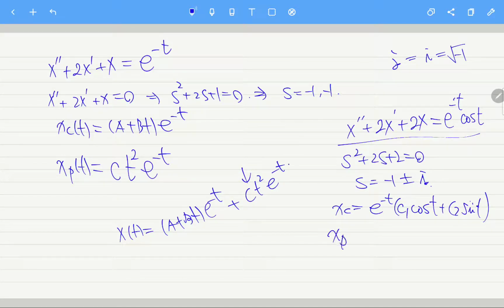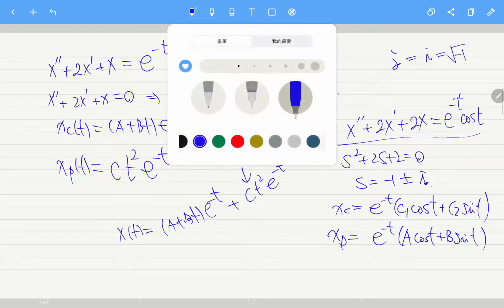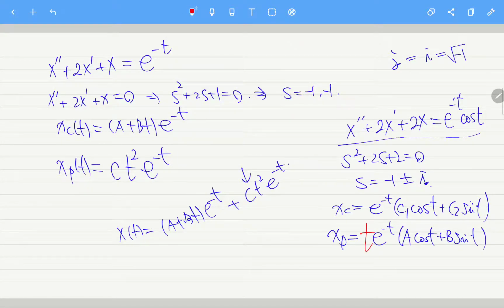In that case, we need to assume xp to be t times exponential to minus t, a cosine t plus b sine t, like this, which means that we need to have a t here. As long as the term g of t is the same as a term in the homogeneous solution, then we need to multiply by t until this term is not in the homogeneous solution.